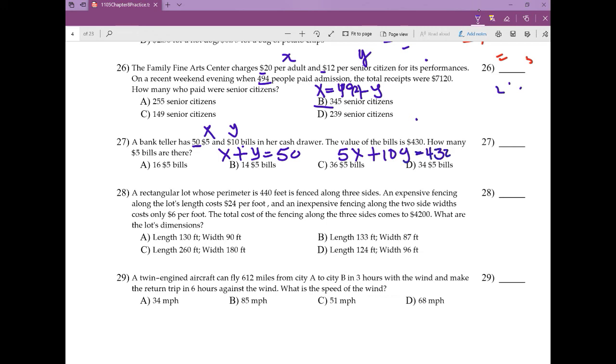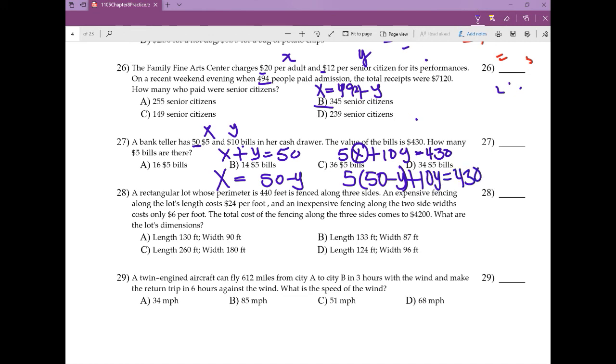Same difference here. You're going to solve for one in terms of the other and substitute it in. So in this example, I'll use x equals 50 minus y, and so I'll substitute that in here for x. So I get 5 times 50 minus y plus 10y is equal to 430.